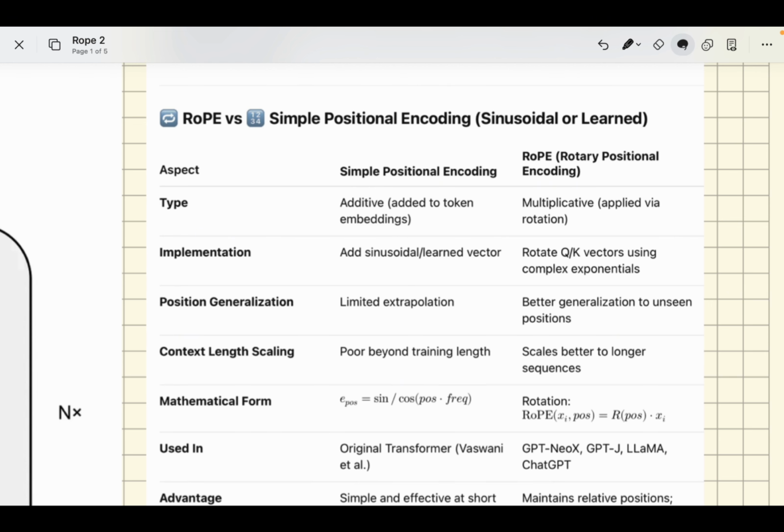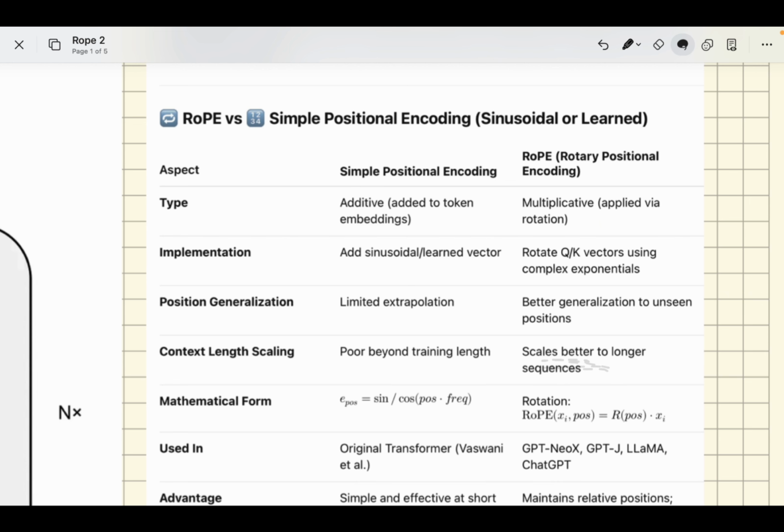It is much stronger in terms of maintaining relative positions and also long context, which is very useful in these language models because we want to have a larger context window, and it also scales better.